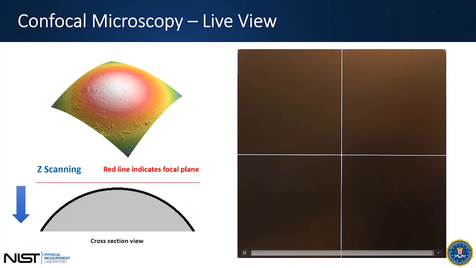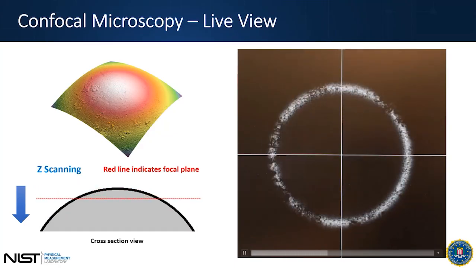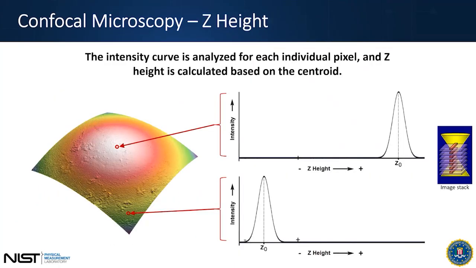And all you're doing is scanning from top to bottom, taking thousands of images at every single movement in the Z direction. And at the end, you look at each of those stacks of Z heights and see where the highest intensity is. And that's where that particular data point is. So for example, the very top of the sphere, you should expect to see a lot of intensity at a higher Z height.